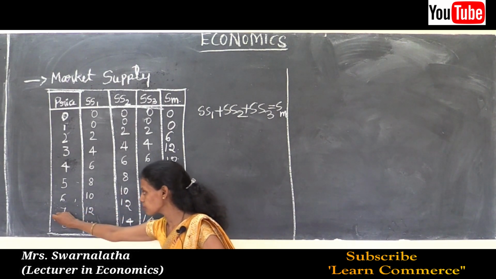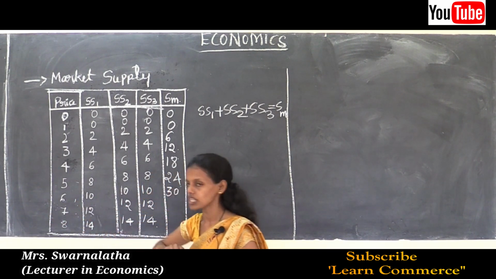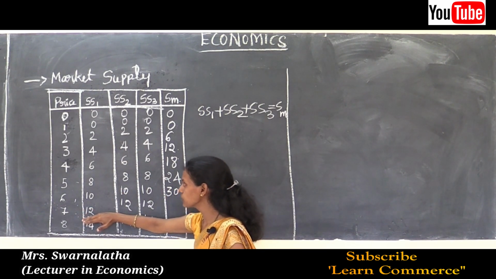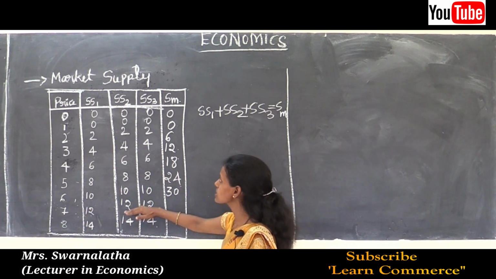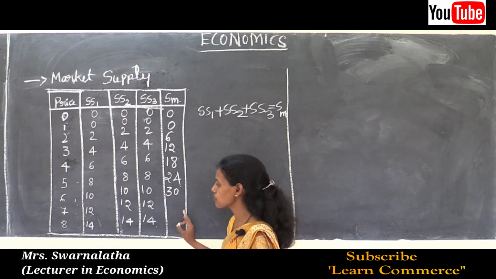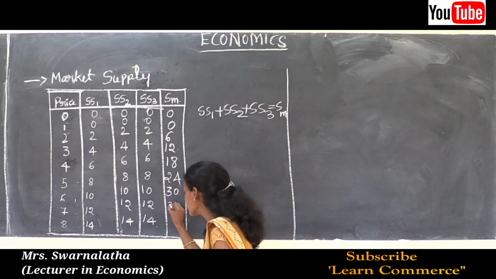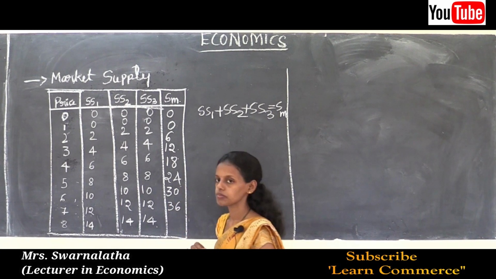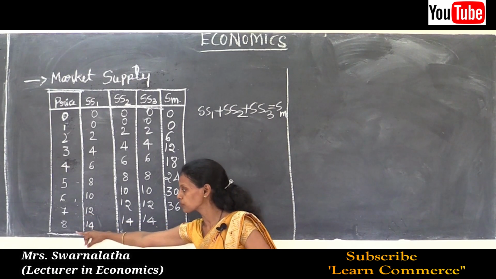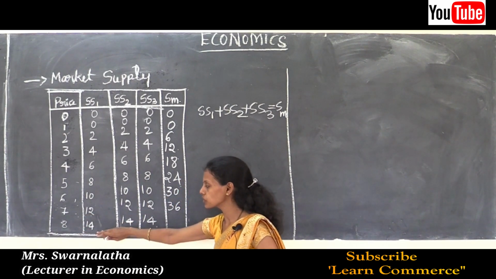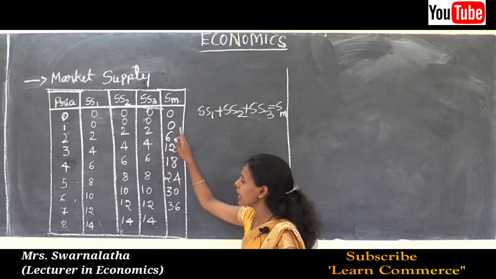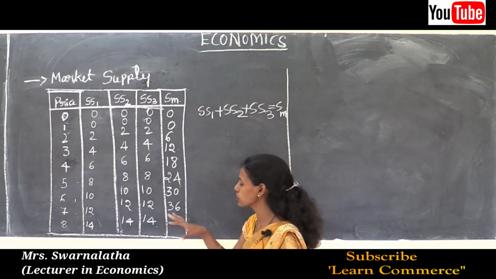So suppose the price increases from 6 to 7 rupees. Firm 1 supplies 12 units, firm 2 12 units and firm 3 12 units. Together they form a market supply of 36 units. Again the price increases from 7 to 8 rupees. Firm 1 supplies 14 units, firm 2 supplies 14 units and firm 3 also supplies 14 units.